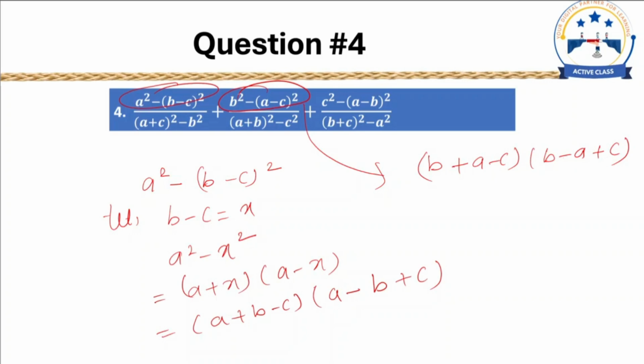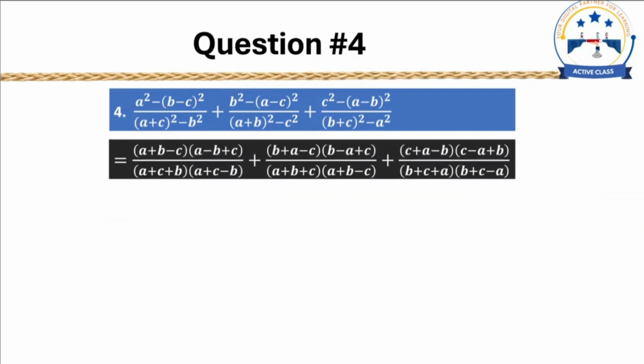We follow the same technique and factorize all the numerators and denominators in the second step. Okay, see what I've done? a plus b minus c, a minus b plus c. In the denominator, a plus c plus b, a plus c minus b, just expanded as a squared minus b squared, which I depicted just before.